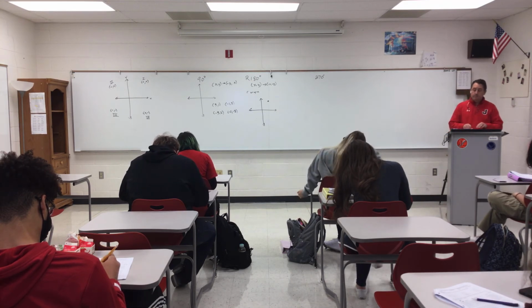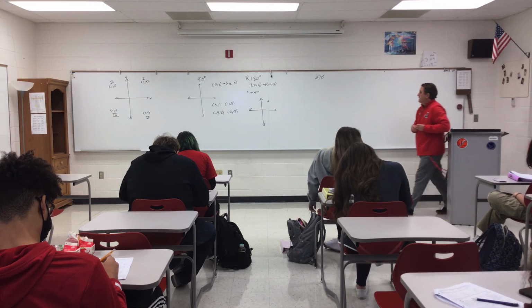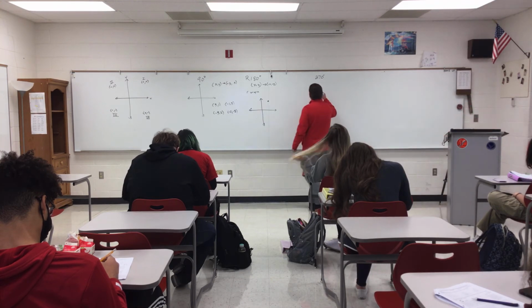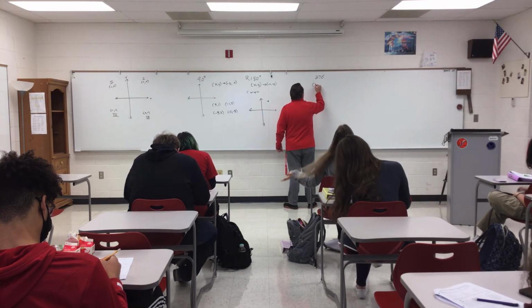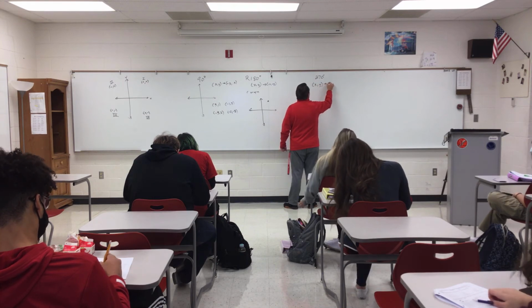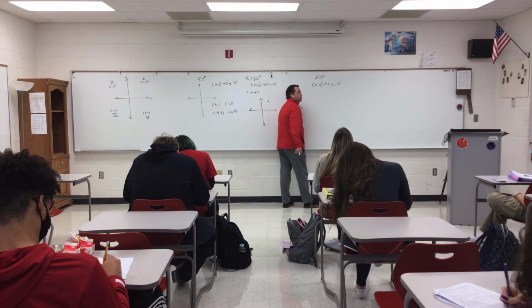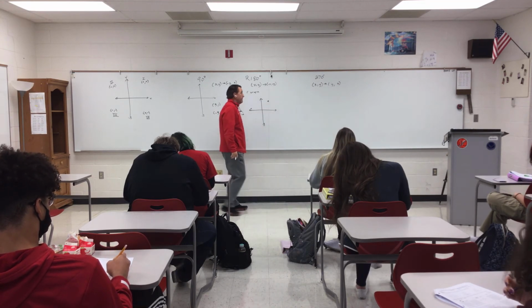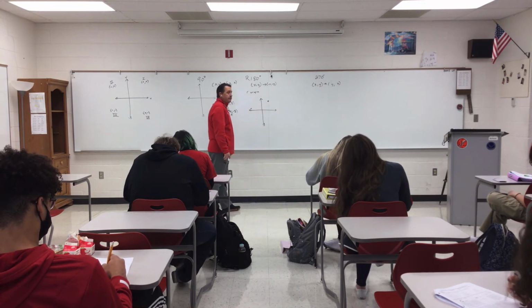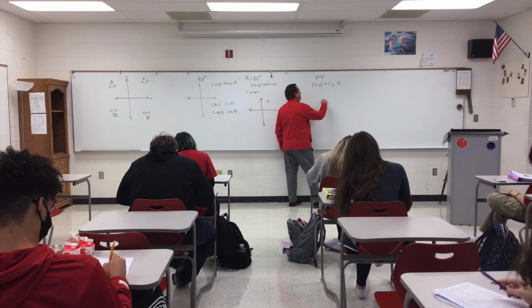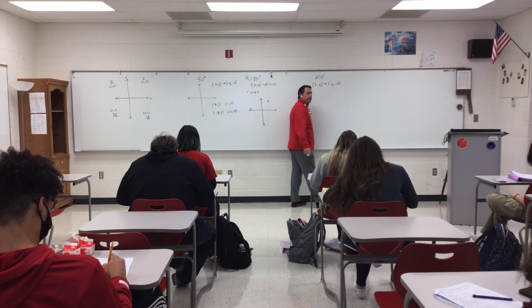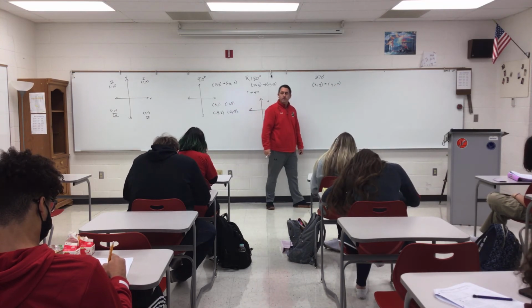What's it doing this time? One of them's changing signs, isn't it? Do you guys agree they change places again? Yep. Which one changes signs? It's the x this time. So it's (y, -x) is the rule for the 270.